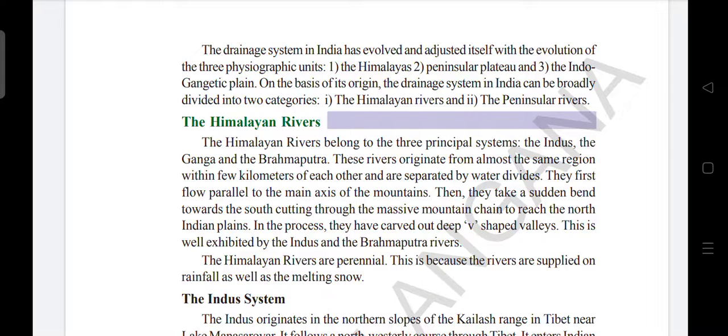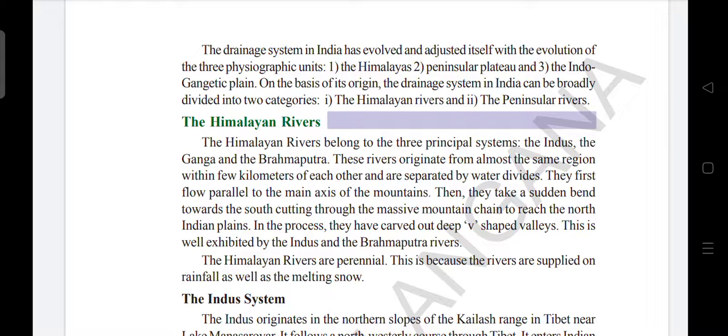So, these three principal systems originate from almost the same region only: the Indus, Ganga, and the Brahmaputra. There is only a difference of few kilometers of each, but they actually originate from the same place, but they are separated by water divides.